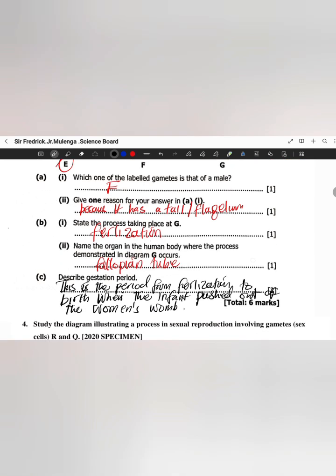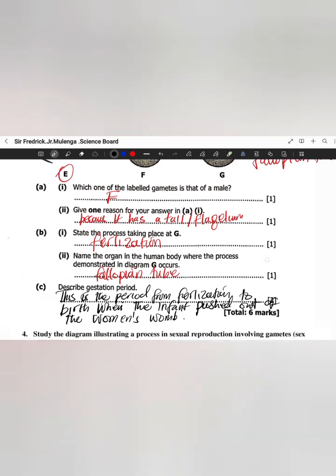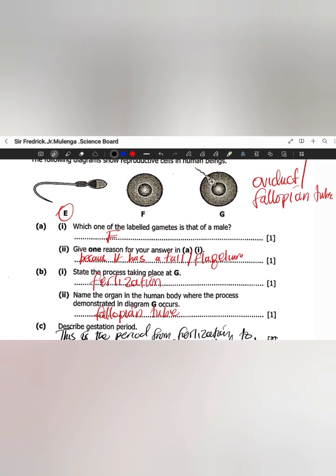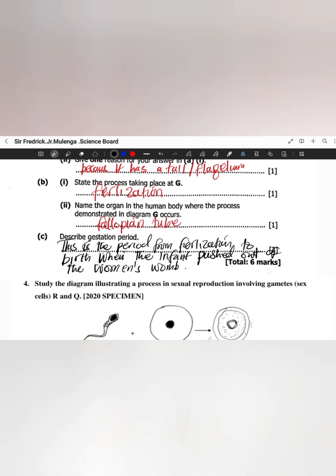Just like that, you've described the gestation period. This is the human development from fertilization to birth. That's how you can answer, and you get everything there.